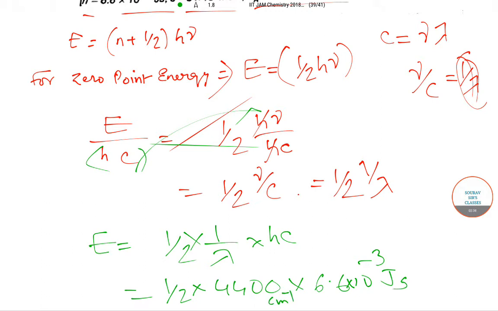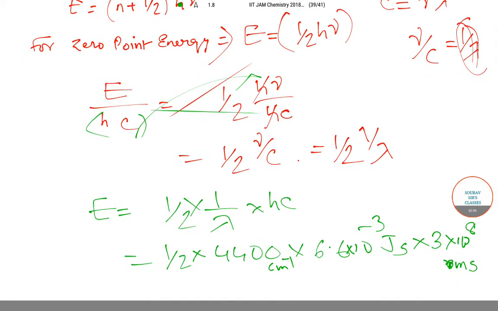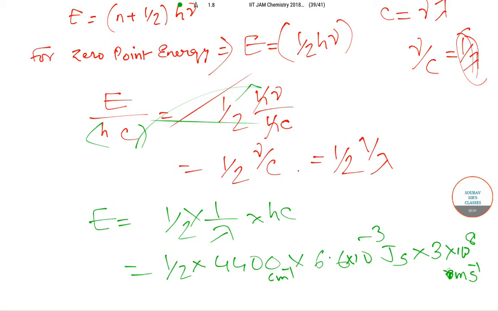This is in centimeter inverse, this is in joule seconds, and the speed of light is 3 into 10 to the power 8 approximately meter per second, so inverse.